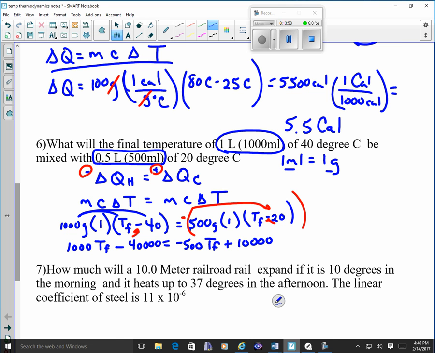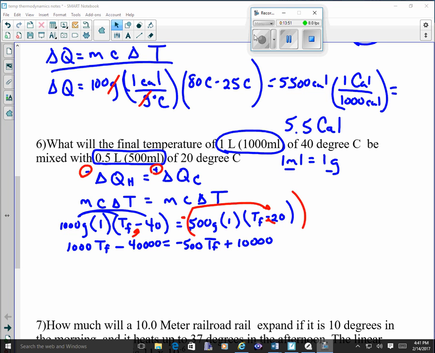Well, now what we're going to do is get all the terms on the same side. Let me see if I can't get a little bit more room here. So I'm going to get all my TFs together. So I'm going to add 500 TF to both sides. If I add a 500 TF here, that now cancels out. Well, if you do it with one side, you got to do it the other. So now I'm going to have a 500 TF over here.